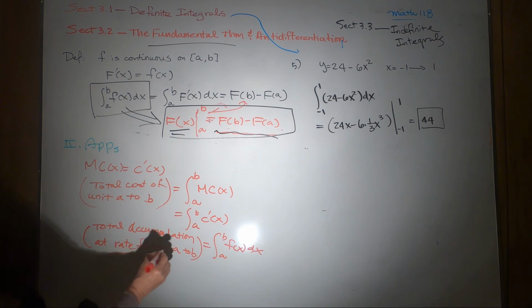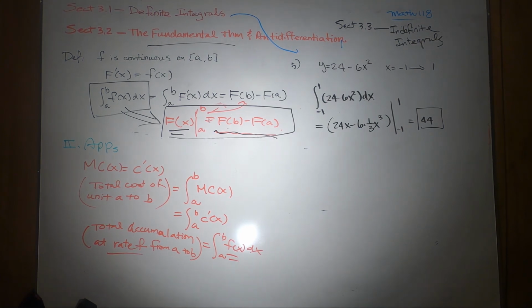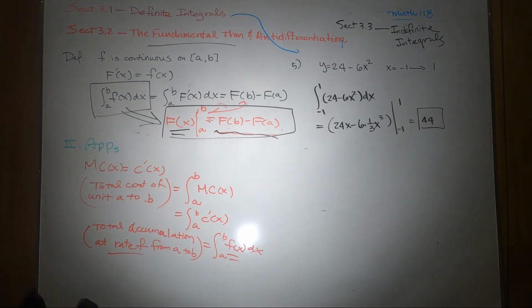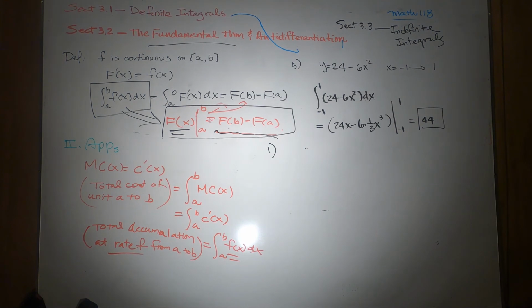This is the rate of change. Then you find the original function, then you accumulate them from A to B. So that's how it works.